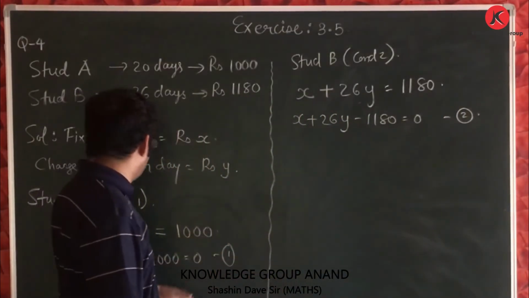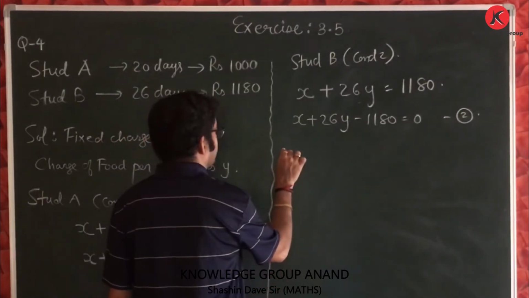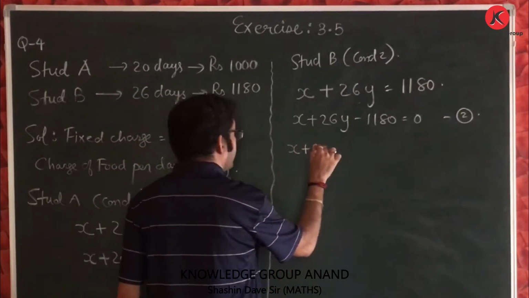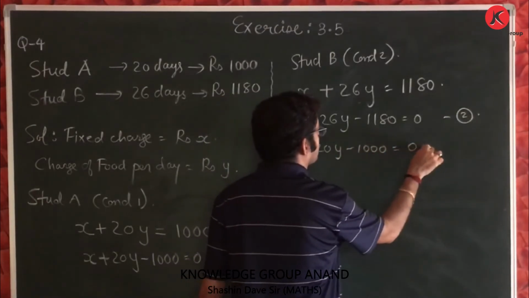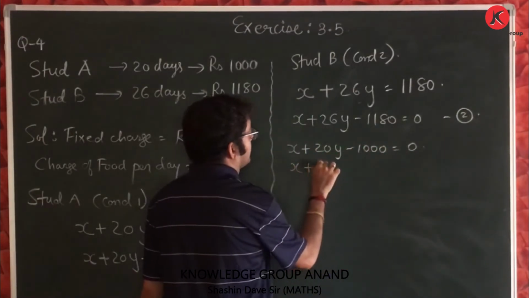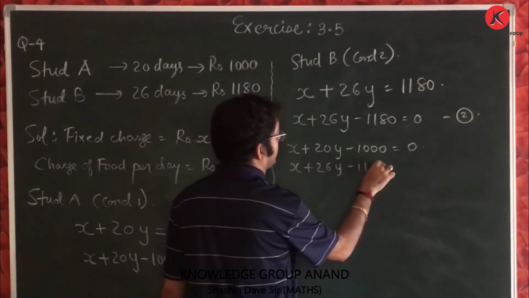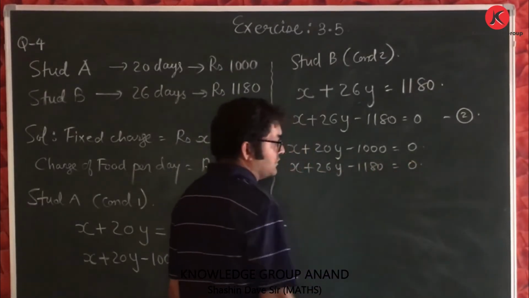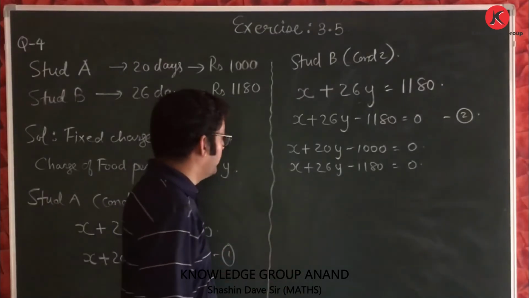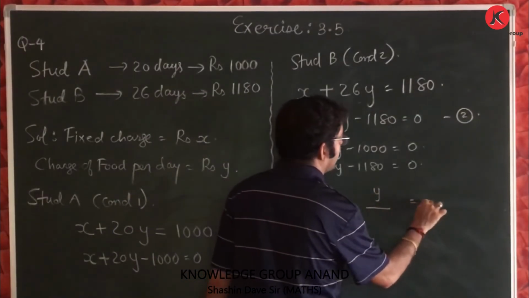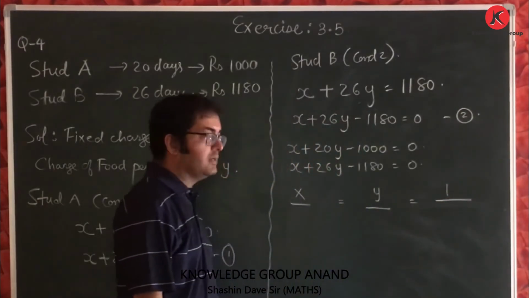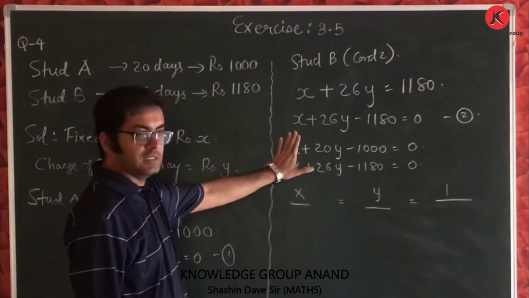Okay, so we will write both the conditions beside each other. So x plus 20y minus 1000 is equal to 0, and x plus 26y minus 1180 is equal to 0. Okay, now in the cross multiplication method, x over something is equal to y over something is equal to 1 over something. Below x we will write coefficients other than x.